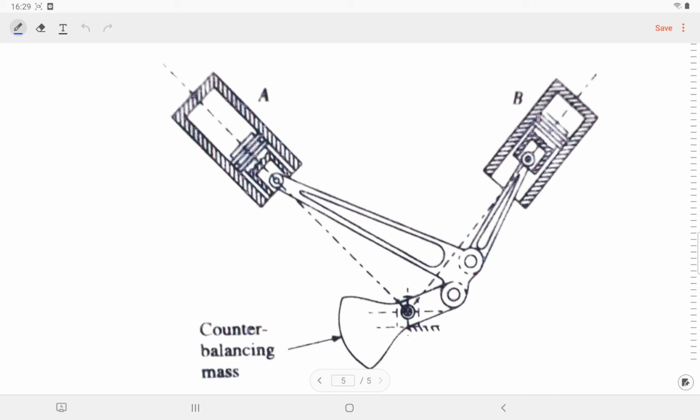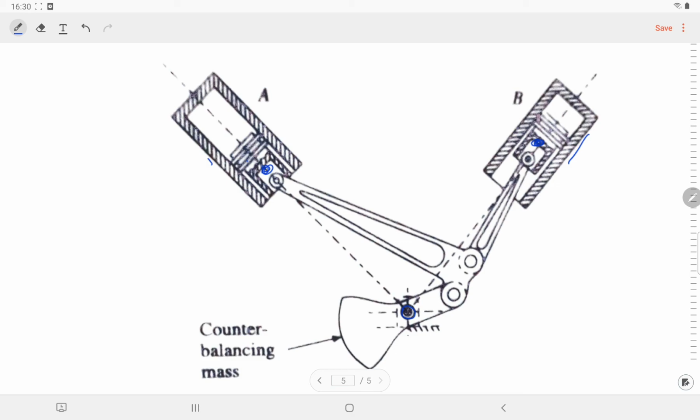So this is a mechanism which we see in the IC engines. There's a shaft, driving shaft, and this is the cylinder. This is also a cylinder, and both are fixed with the chassis frame, and this is the piston. This one is the piston, and this one is also the piston.